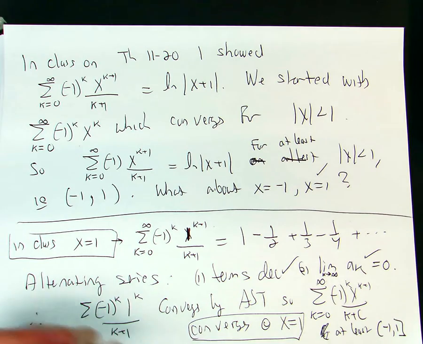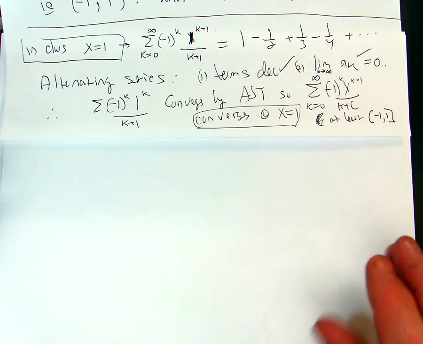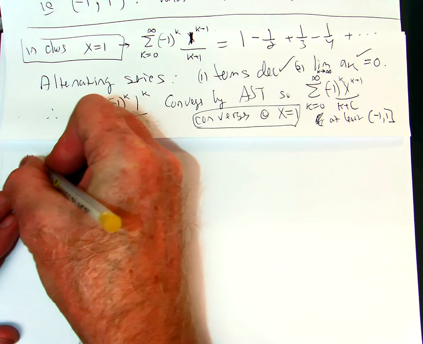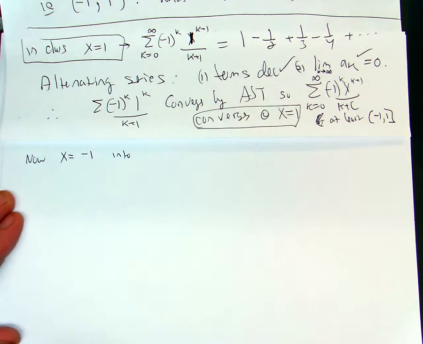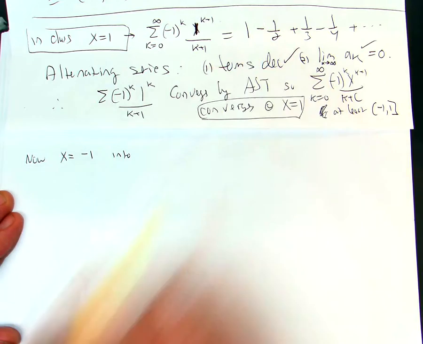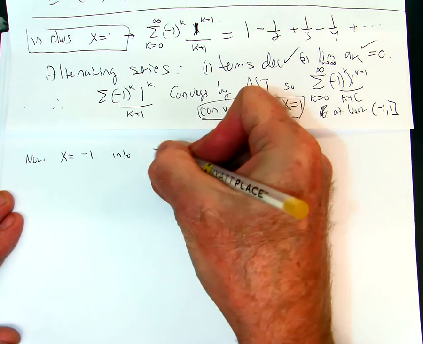Okay, so what I'm going to do in the back is test x equal -1. So let's see what we get. We'll keep that up here just so you can look at that. Now I'm going to plug x equals -1 into, sorry, let's get a little bit more room, yep, this series.